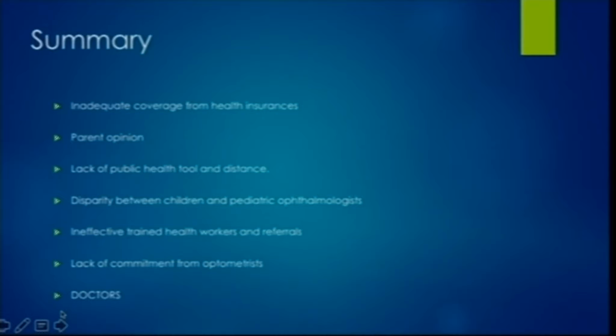Disparity between the children and the pediatric ophthalmologists, ineffectively trained health workers, commitment from the optometrists, and last but not the least, we as doctors: ophthalmologists, retina specialists, pediatricians, and pediatric neurologists. I think pediatric neurologists nowadays are coming into it with the upcoming cortical visual impairment being very important in the rehabilitation part. So if all of us work simultaneously, this disparity can be drawn down.